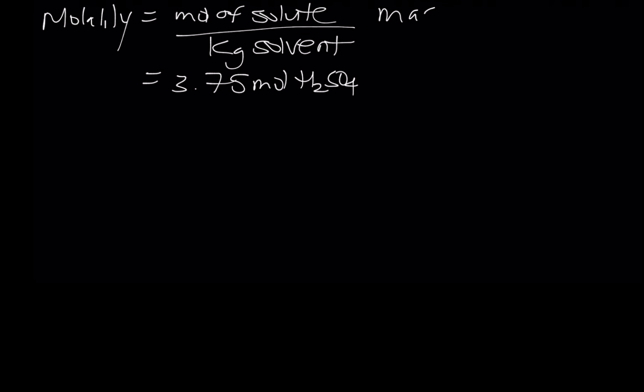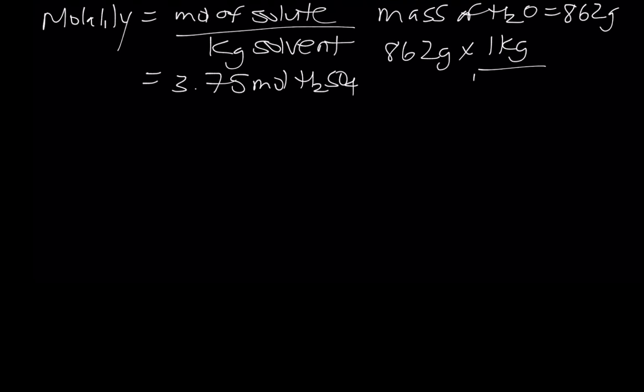So the mass of water was equal to 862 grams. So 862 grams times 1 kilogram divided by 1,000 grams is equal to 0.862 kilograms, where the grams will cancel out.